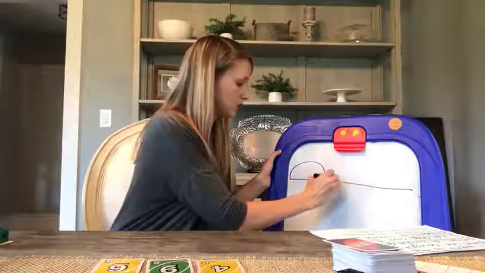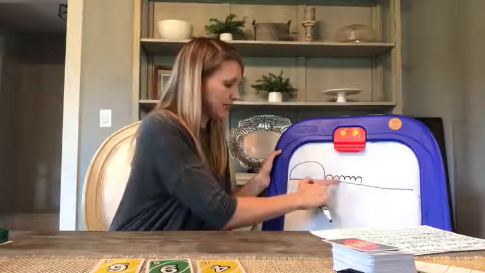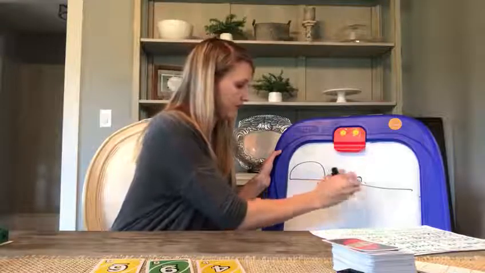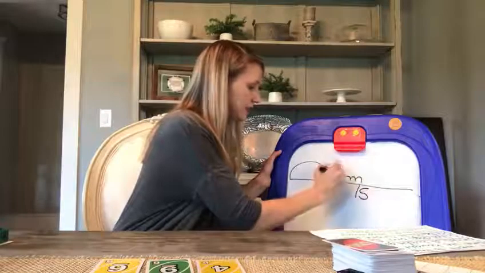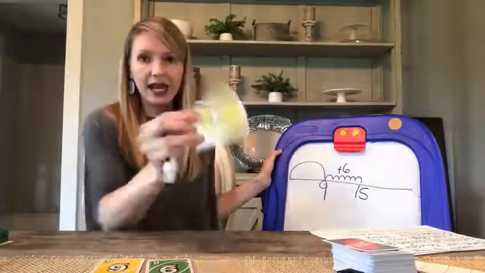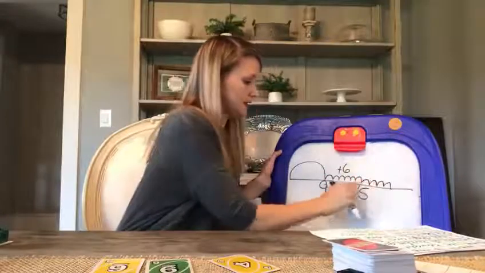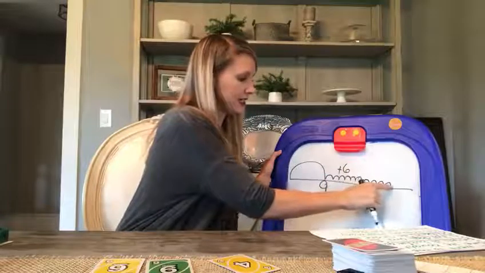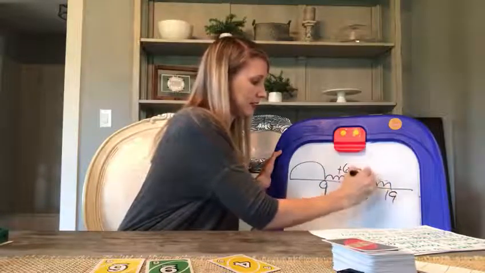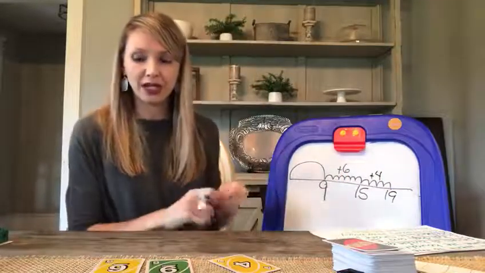So 1, 2, 3, 4, 5, 6. So that would be 9, 10, 11, 12, 13, 14, 15. And then I need to add my 4 more. So 15, 16, 17, 18, 19. So you can do it that way if you want to on your number line.